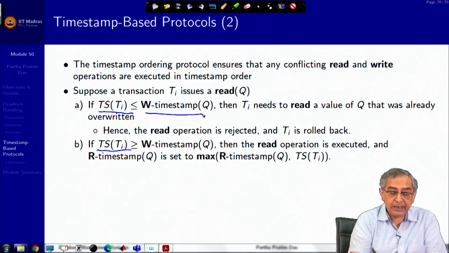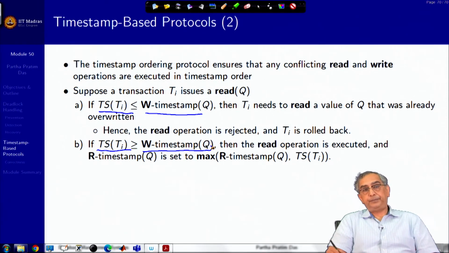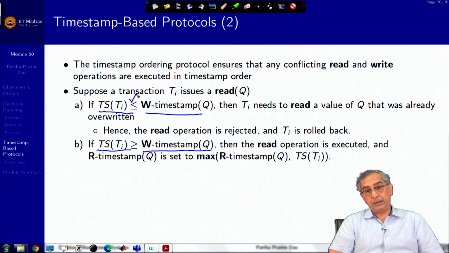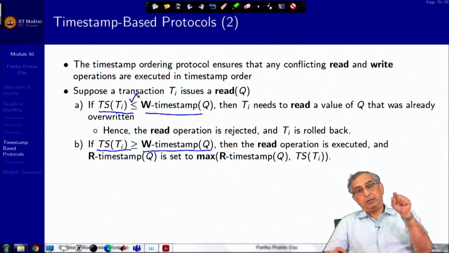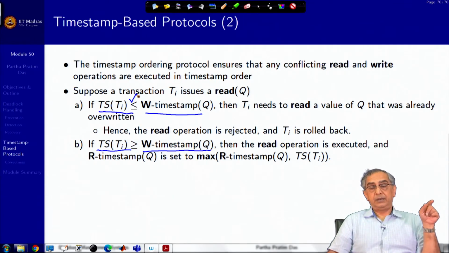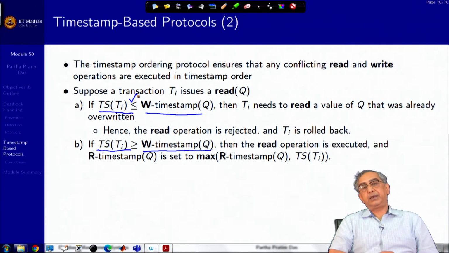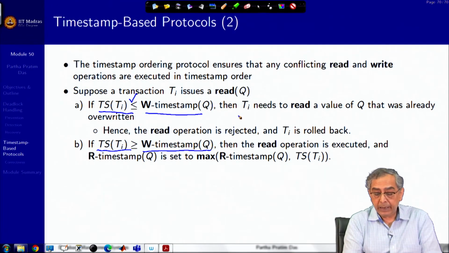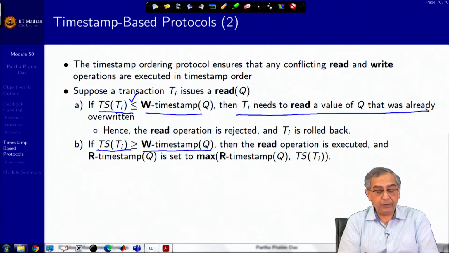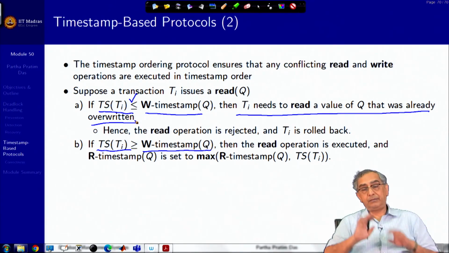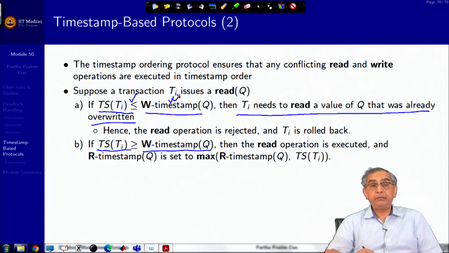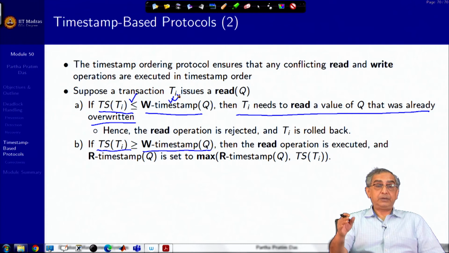This may be less than the write timestamp or this may be greater than the write timestamp. If it is less, what does it mean? That this transaction was started before this write happened. Right? So, Ti needs to read a value of Q that is already overwritten. Because what is W timestamp? It is the time it was last written.